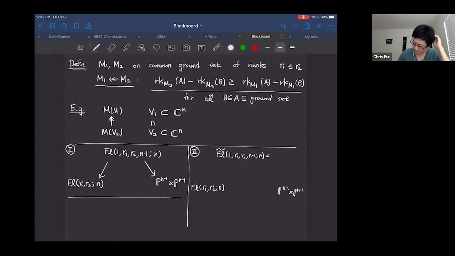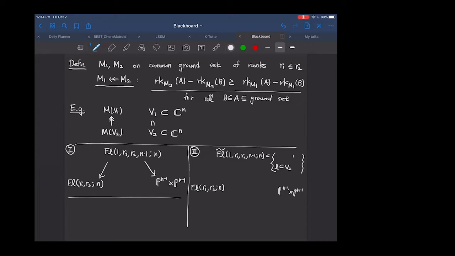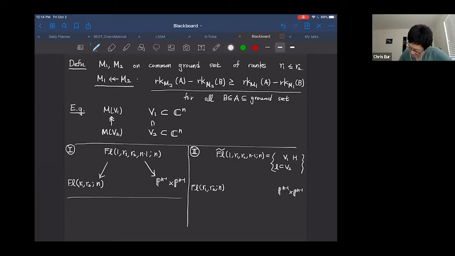The points of this funny tilde partial flag variety of 1, R1, R2, and n-1 are as follows. You consider a line contained in the bigger vector space and a hyperplane containing the smaller vector space, and the smaller vector space is contained in the bigger one.